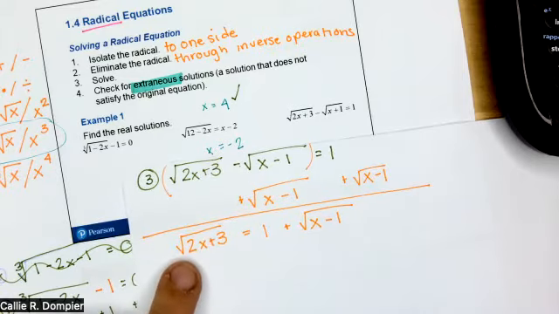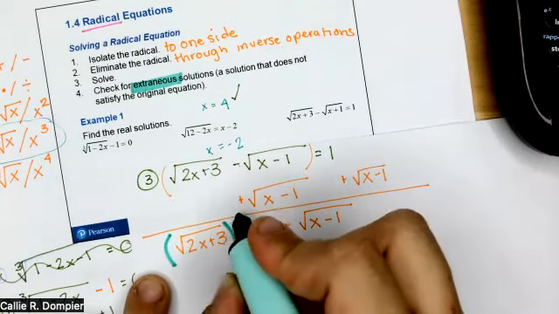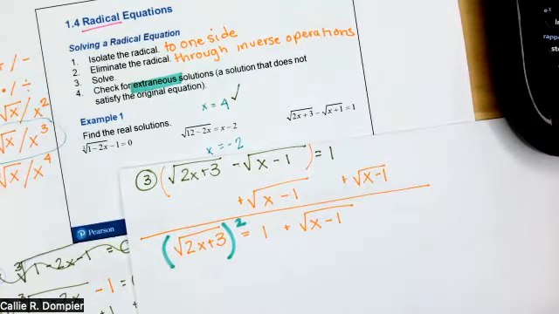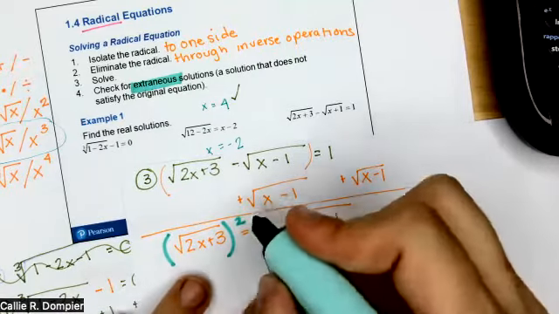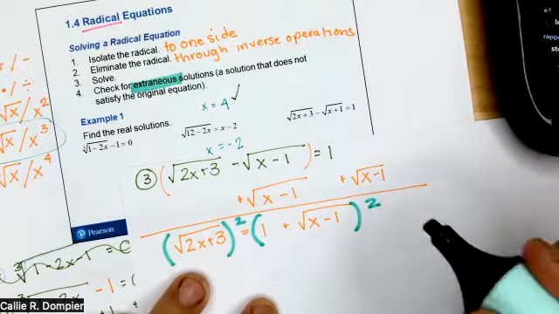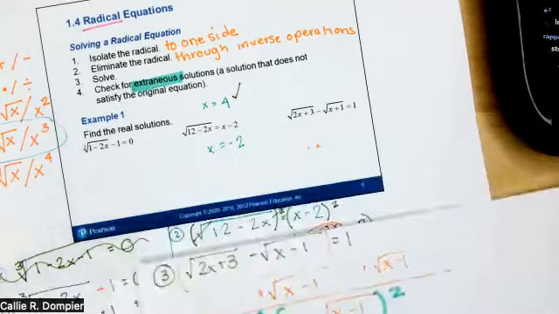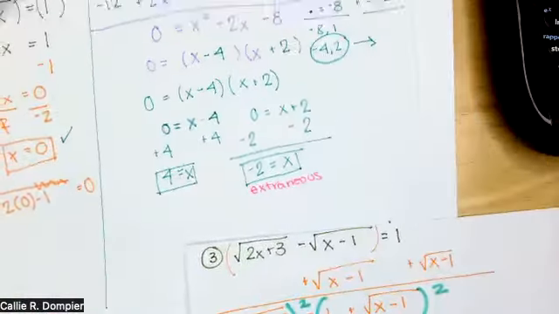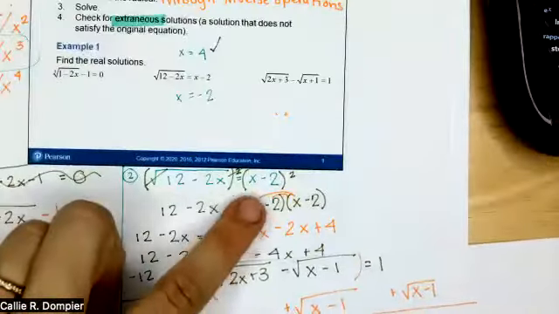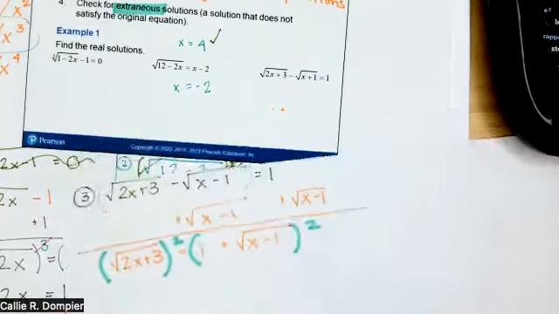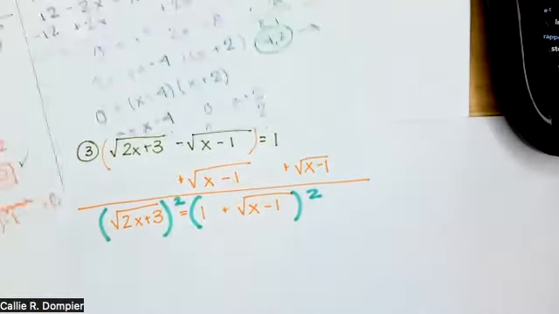To get rid of this first radical, we're going to square it. That means we have to square all of this at once. Okay, just like we squared everything on this side, we have to square everything on this side.